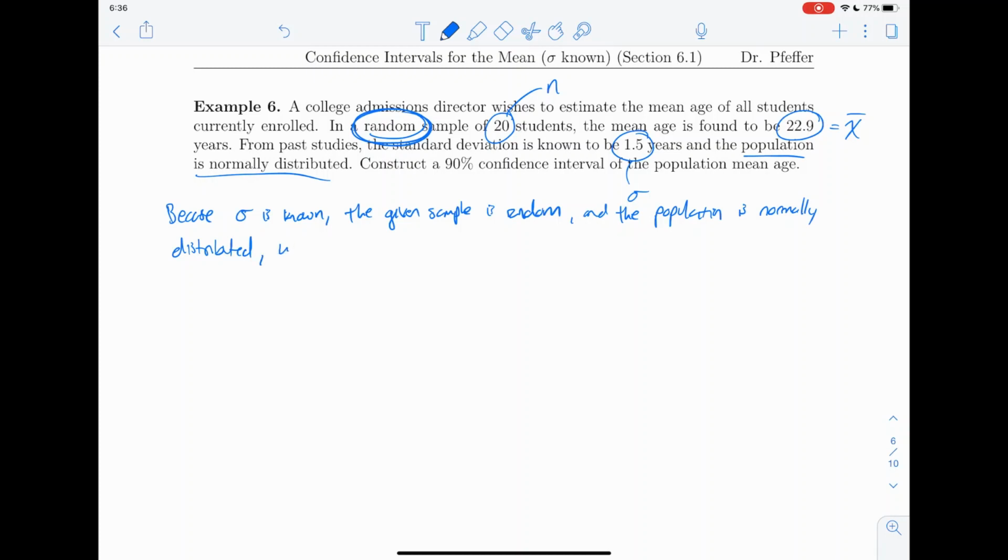And the conclusion is that we know then that the margin of error E can be taken to be z sub c times sigma over square root of n.